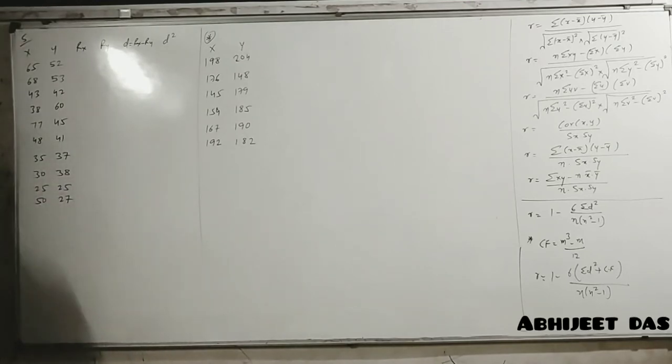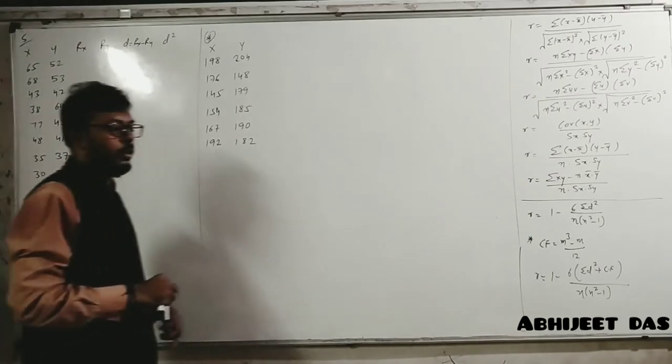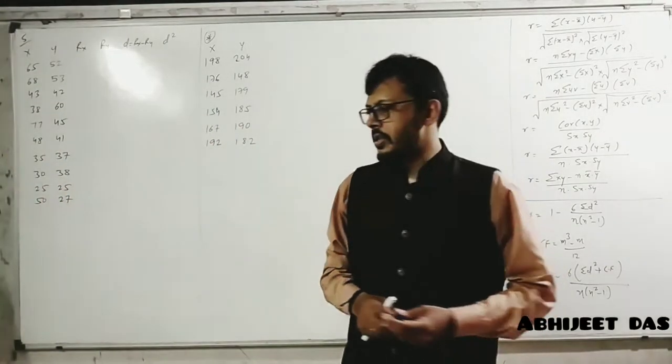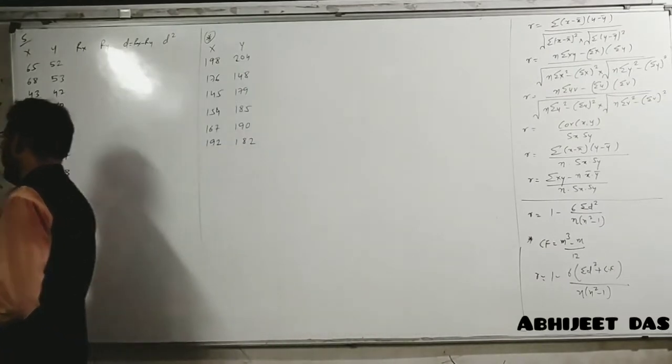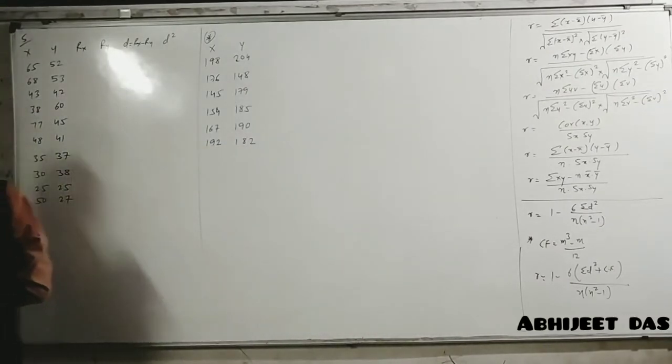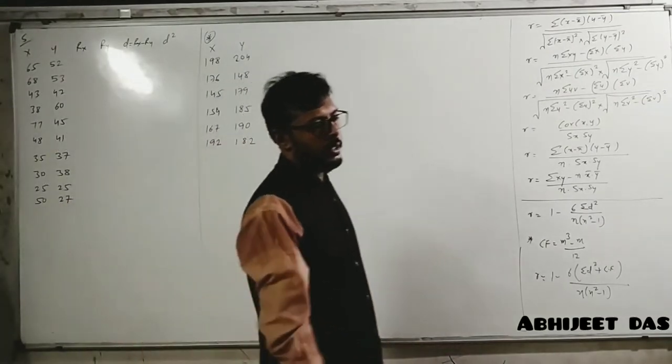Okay, come on, allocate the ranks. Giving you 3 minutes to solve this sum. Come on, solve it. Then I'll be giving you the answers, whether it is correct or not.